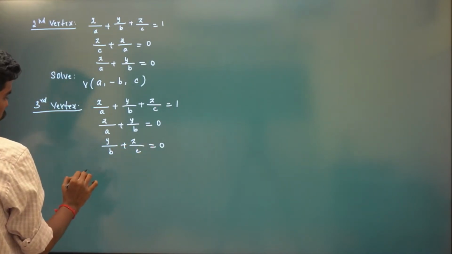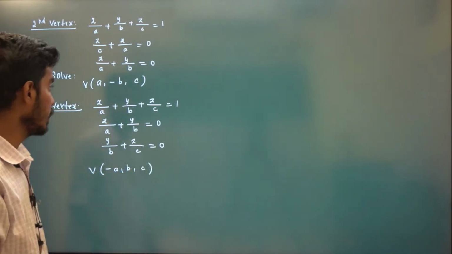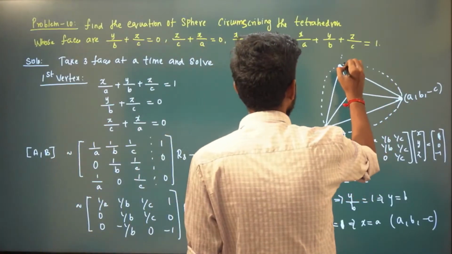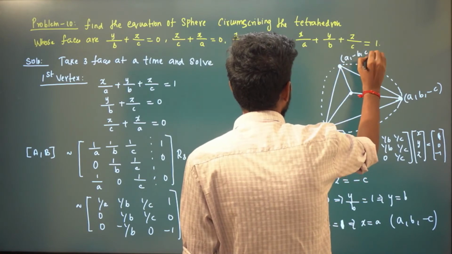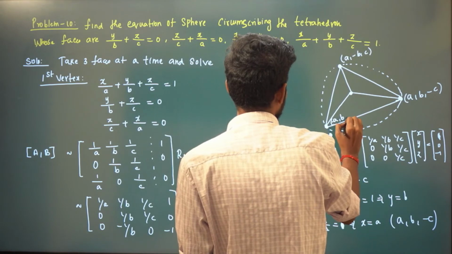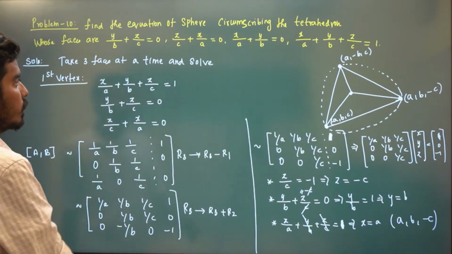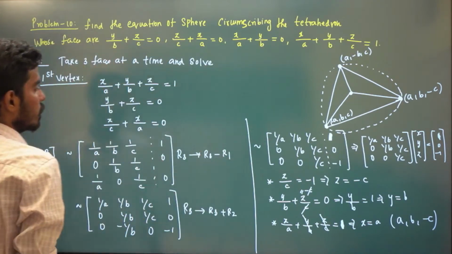So you will have the vertex to be minus a comma b comma c, right? So this one vertex, the other vertex is a comma minus b comma c. This vertex is minus a comma b comma c. You need to find one more vertex. I'm going to find that vertex by solving these 3, right?